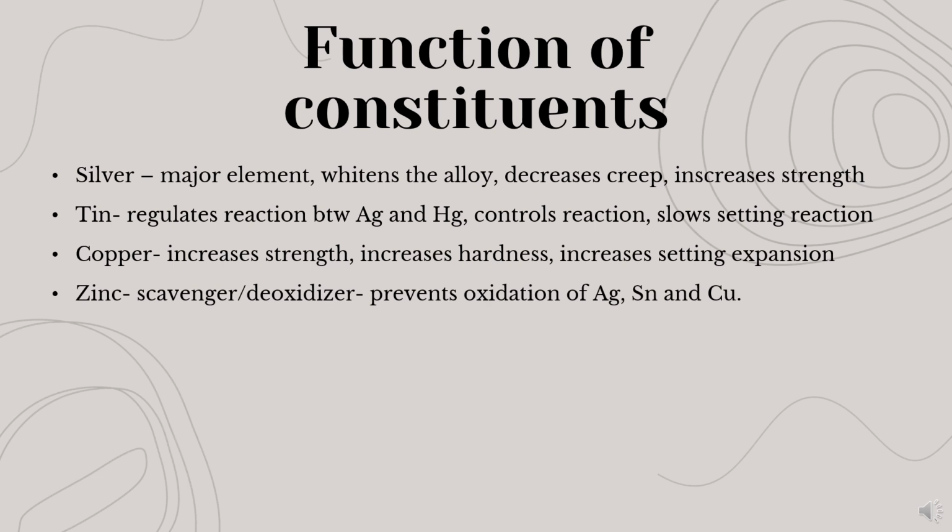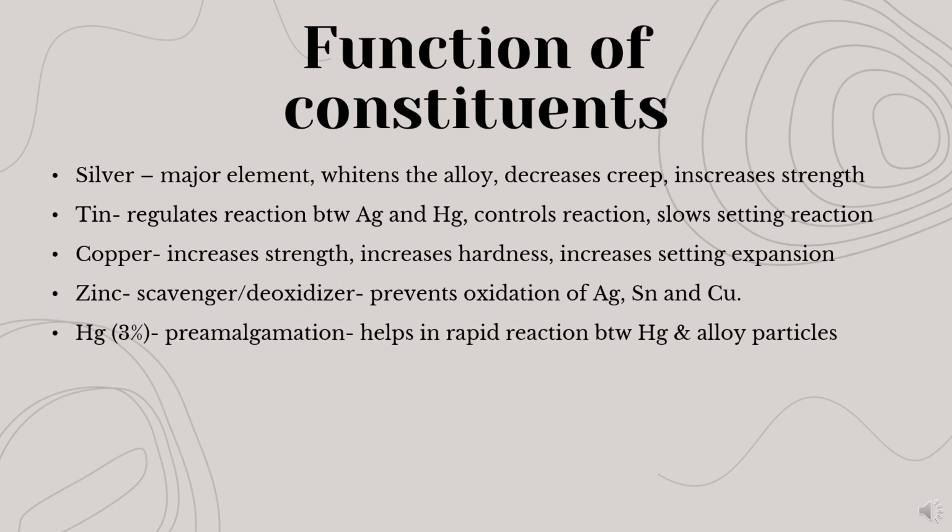Zinc. It is also considered the scavenger or deoxidizer as it prevents oxidation of silver, tin and copper. Then mercury 3% can be used for pre-amalgamation. It helps in rapid reaction between the mercury and the alloy particles. Next, platinum.